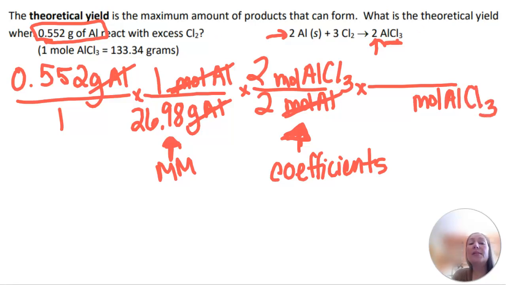The problem wants us to get all the way to grams. Theoretical yield usually does imply grams of the product. So we want to get to grams of aluminum chloride that can form. That last step, we'll need the molar mass of aluminum chloride, but we were given that one, 133.34.